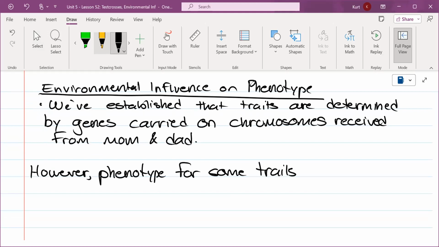The phenotype for some traits is not solely based on genetics.